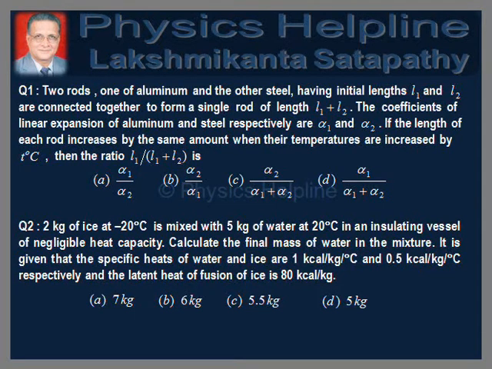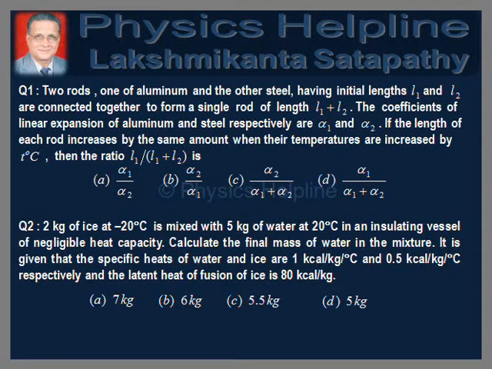Question 2. 2 kg of ice at minus 20 degrees C is mixed with 5 kg of water at 20 degrees C in an insulating vessel of negligible heat capacity. Calculate the final mass of water in the mixture.